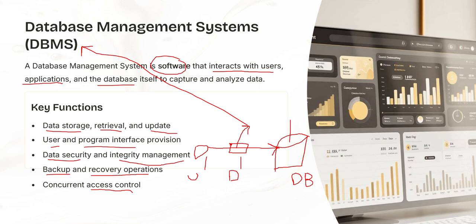All of this can be done through the database management system. So keep in mind that a database management system is a software and a database is a physical storage location, and the user manages this database through the database management system software.